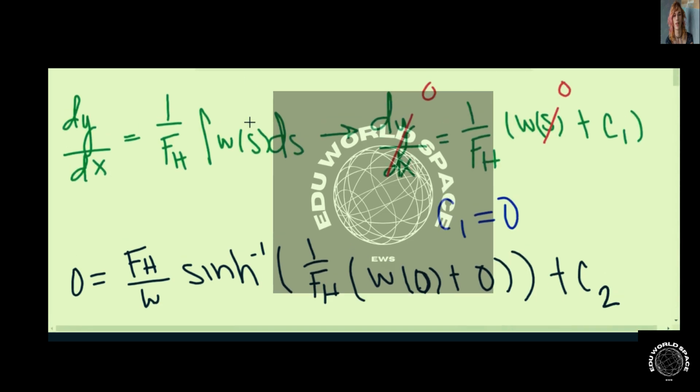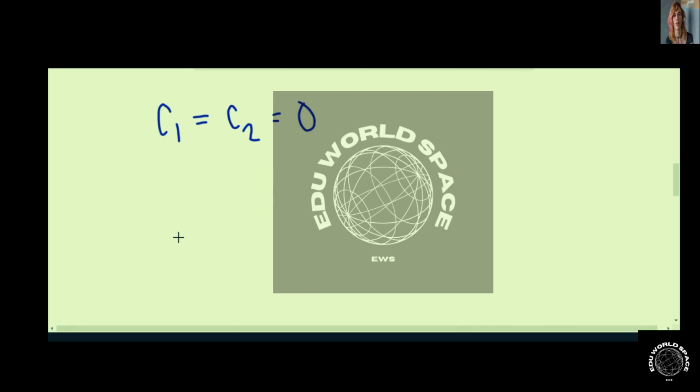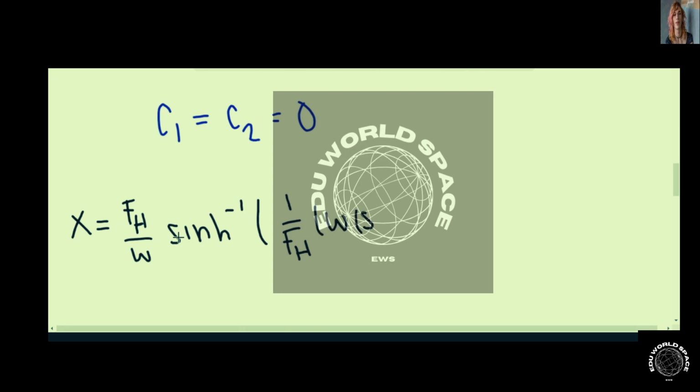Solving for c2, you'll also get that that constant equals 0, leaving us with the final equation of x equaling F sub H over w times the inverse hyperbolic sine of 1 over F sub H times w times s.